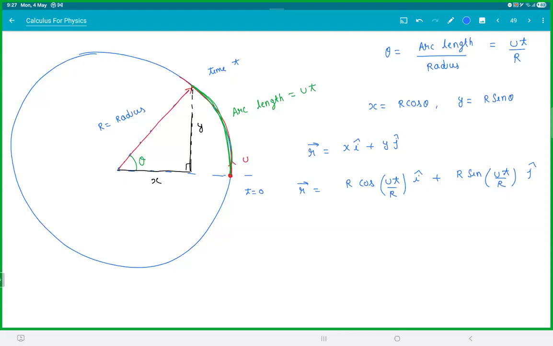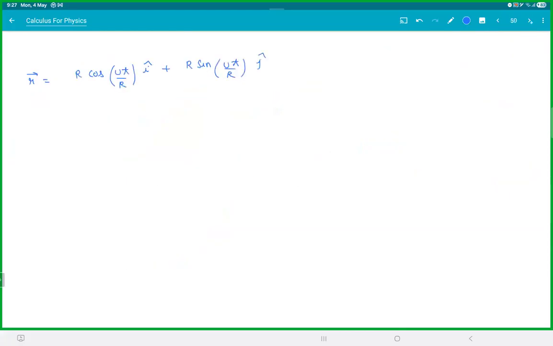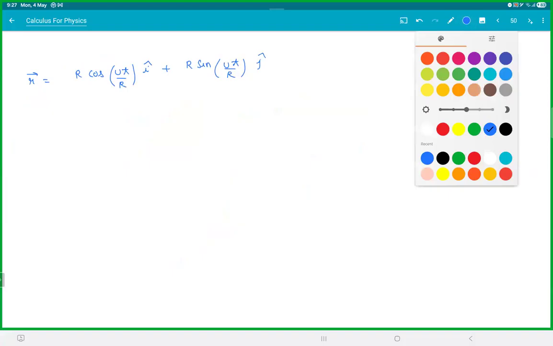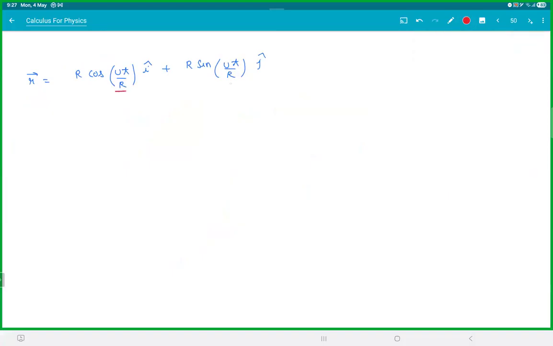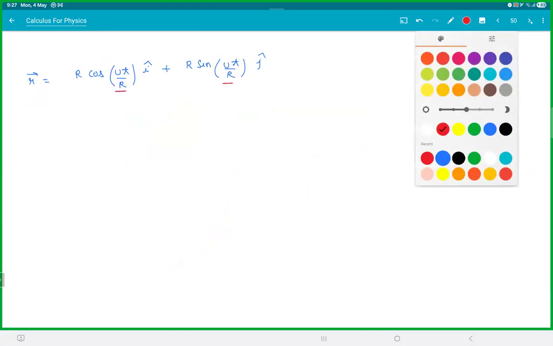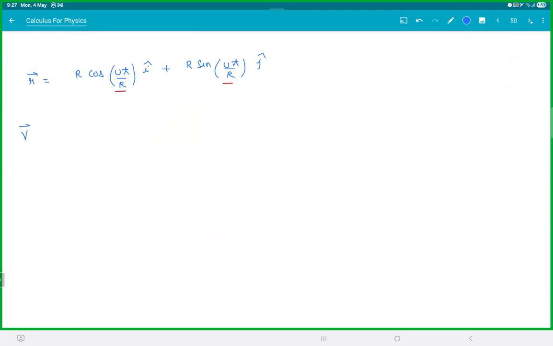Okay, let's see. So let's differentiate this. Remember, every time you differentiate this ut by r, you also have to differentiate what is inside. So you just keep throwing one u by r outside. So v bar is, the differential of cos is minus sine of ut by r, then differentiate whatever is inside.